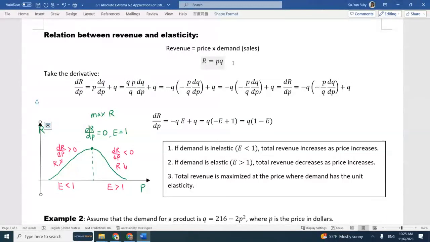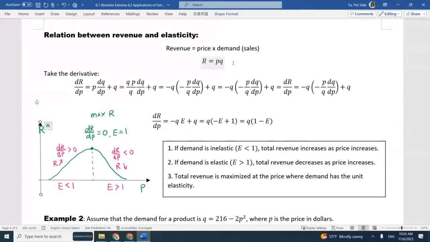Okay, and then here, what I do is I multiply by Q and divide by Q, this term. And then I also put a minus sign, so positive is like negative times negative. Okay? And let's pull out the Q. If we pull out the Q, do you see this is negative P over Q times dQ/dP?